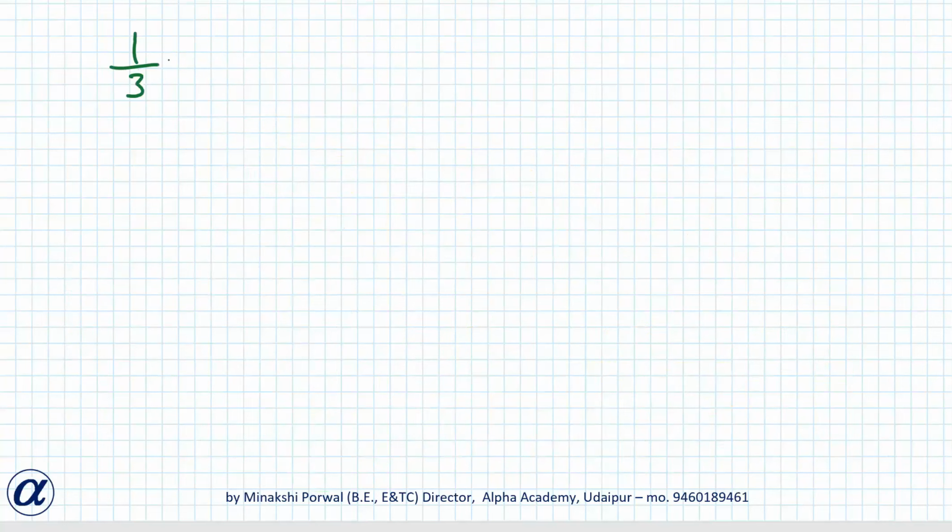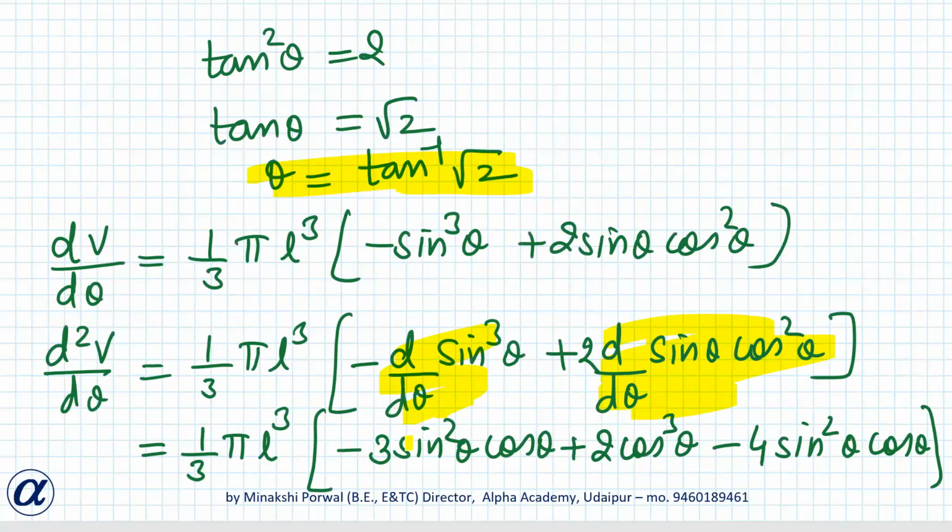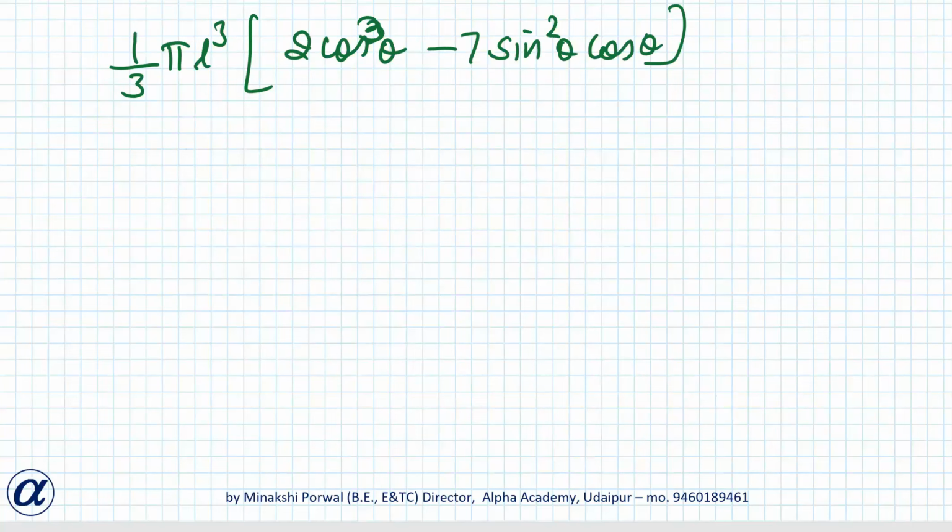So that will be 1 by 3 pi l cube times 2 cos cube theta minus 7 sine square theta cos theta. This is because minus 3 minus 4 gives minus 7 sine square theta cos theta. Now when we substitute theta equals tan inverse root 2, it will come negative, but how do we do this?